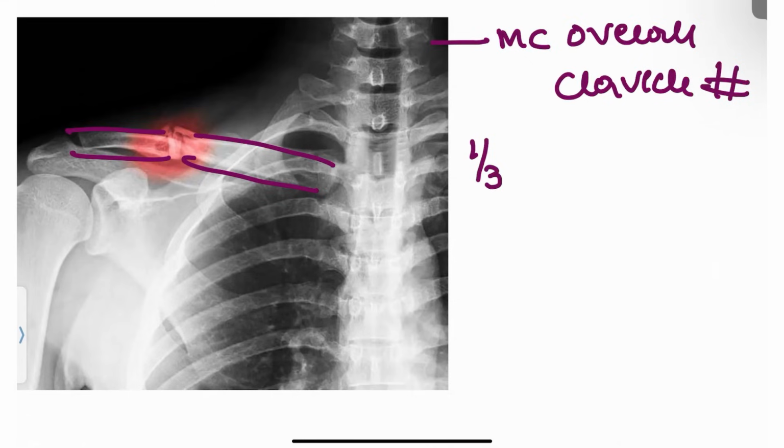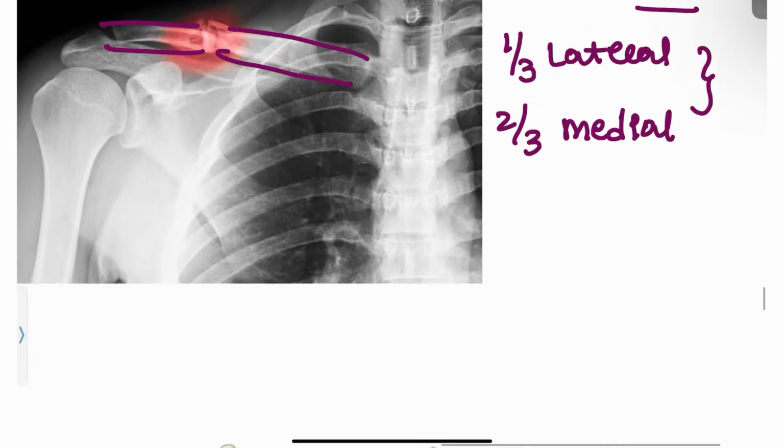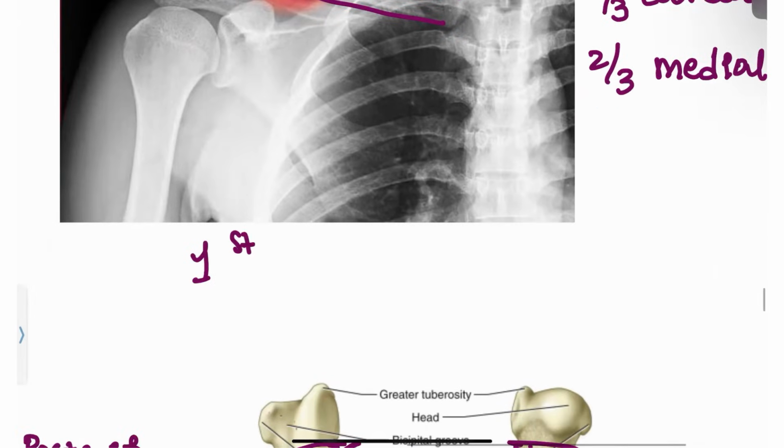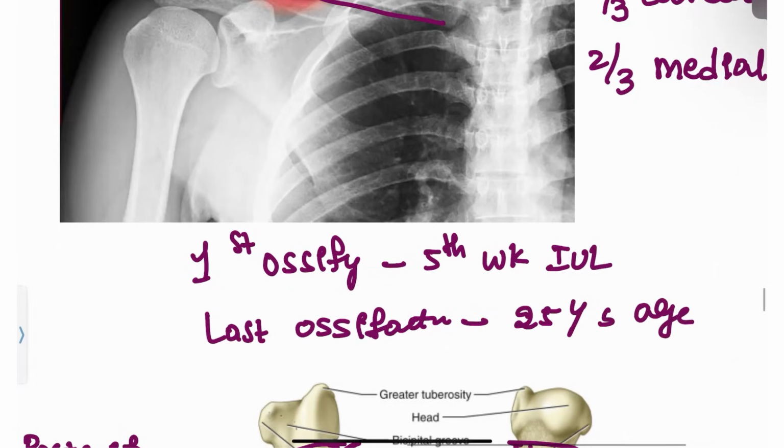The lateral one-third and medial two-thirds junction of the clavicle is involved in the clavicle fracture. And this specific bone is the first to ossify in our body, at the 5th week of intrauterine life, and the last to complete its ossification, at 25 years of age.